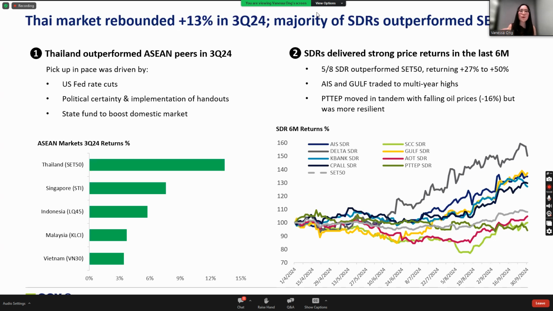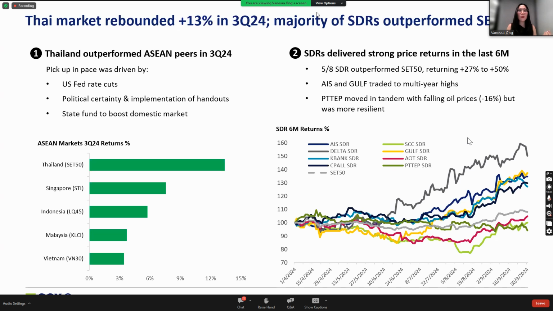Additionally, we also saw greater political certainty following the appointment of Thaksin as PM, who replaced Srettha, who was previously dismissed for wrongfully appointing a cabinet minister. This signaled greater political continuity and economic certainty for Thailand, with one example being the digital wallet handouts, which injected around 500 million into the economy to support Thailand's recovery.